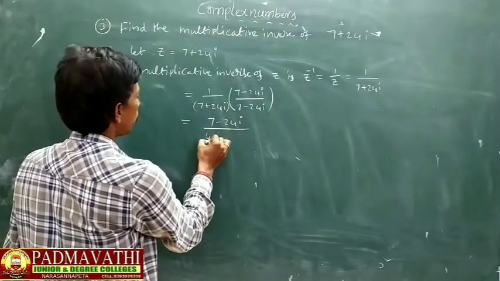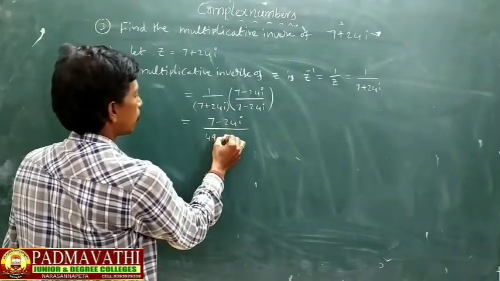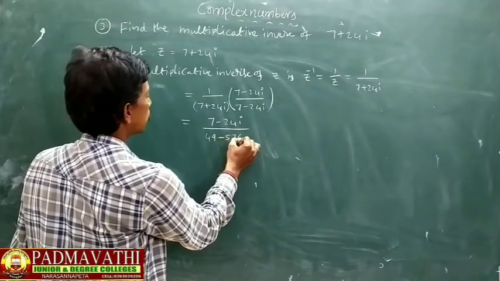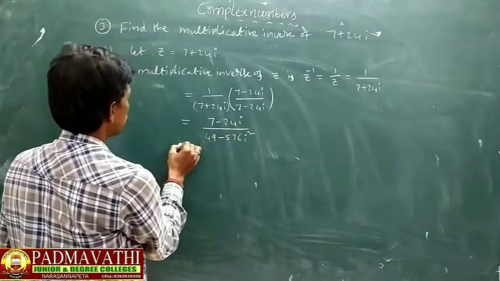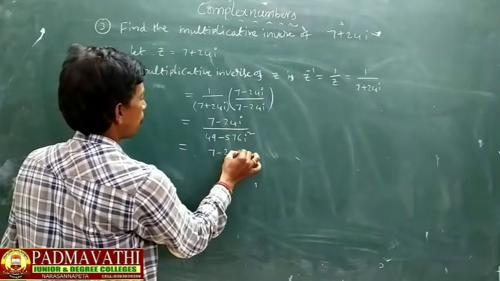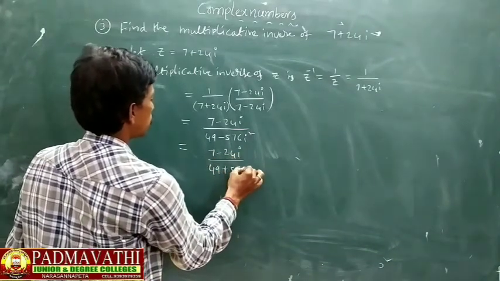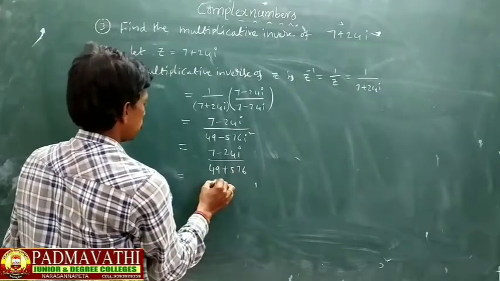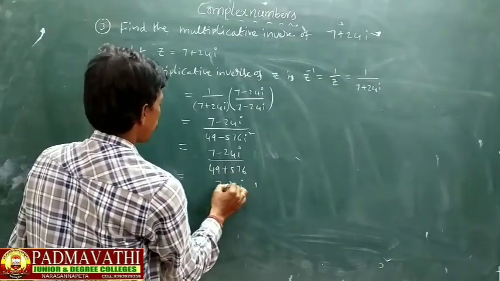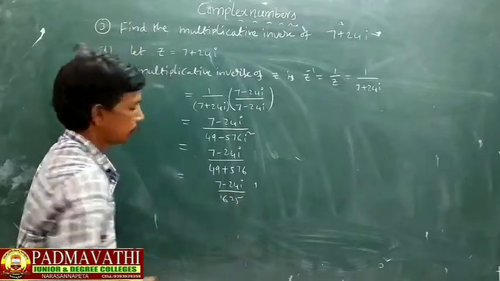So applying the rationalizing, 7 minus 24i by 49 minus 576i square, 7 minus 24i by 49 plus 576, 7 minus 24i by 625.